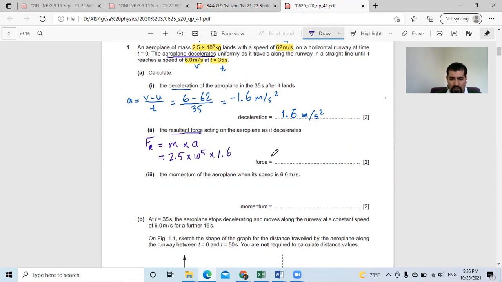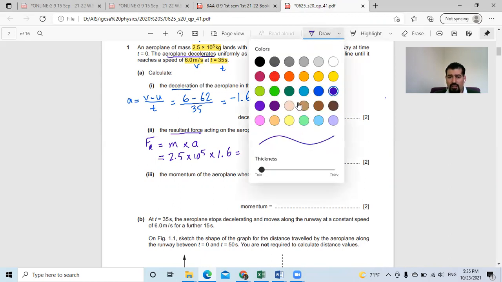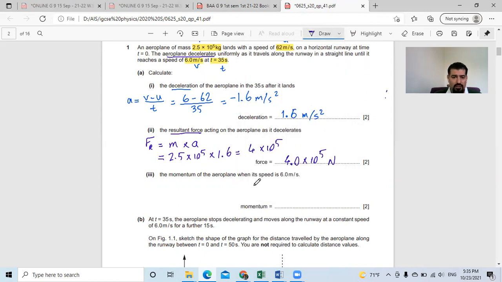So the answer is 4 times 10 to the power of 5, but we are not going to write it as one significant figure. We put it as two significant figures, 4.0 times 10 to the power of 5 newtons. This is the resultant force, which acts in the opposite direction since the airplane is decelerating.